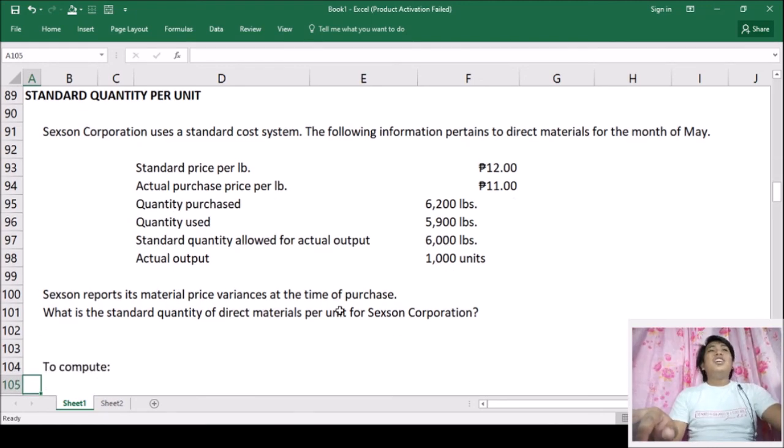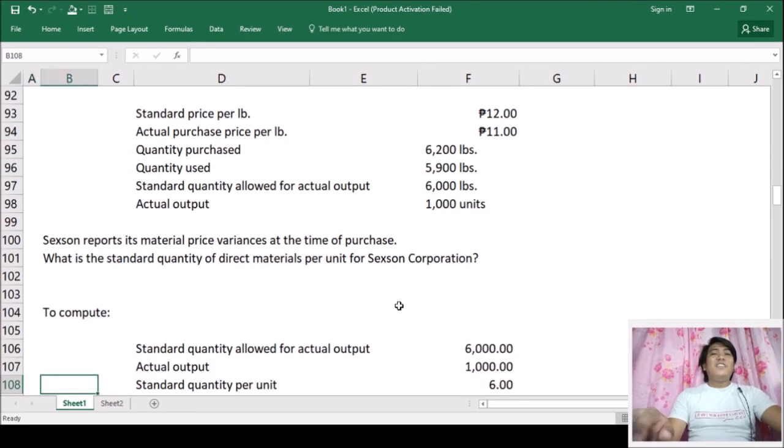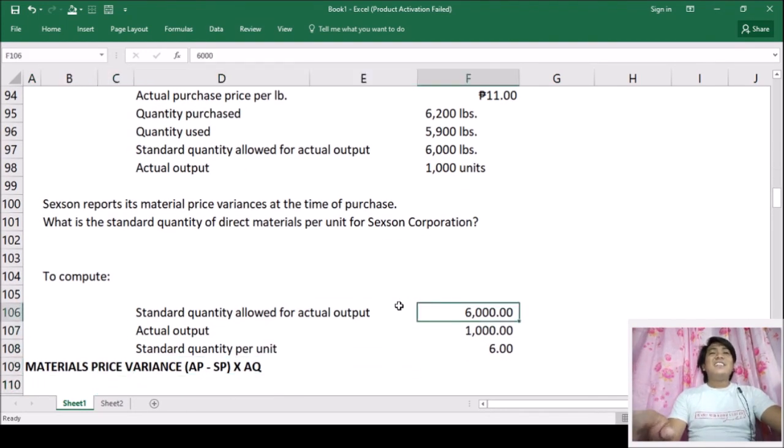This is easy. If we're going to determine the standard quantity in each unit, take note, the total standard quantity is always based on the actual output. Considering that the standard quantity allowed based on actual output is provided, which is 6,000, and the actual output is provided as well, 1,000, we can now determine the standard quantity per unit by simply dividing 6,000 by 1,000, that is 6 pounds for each unit.